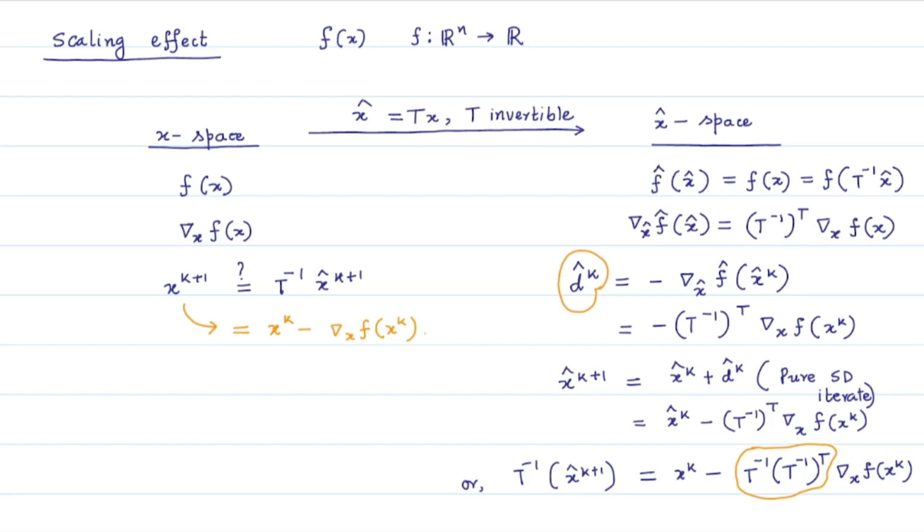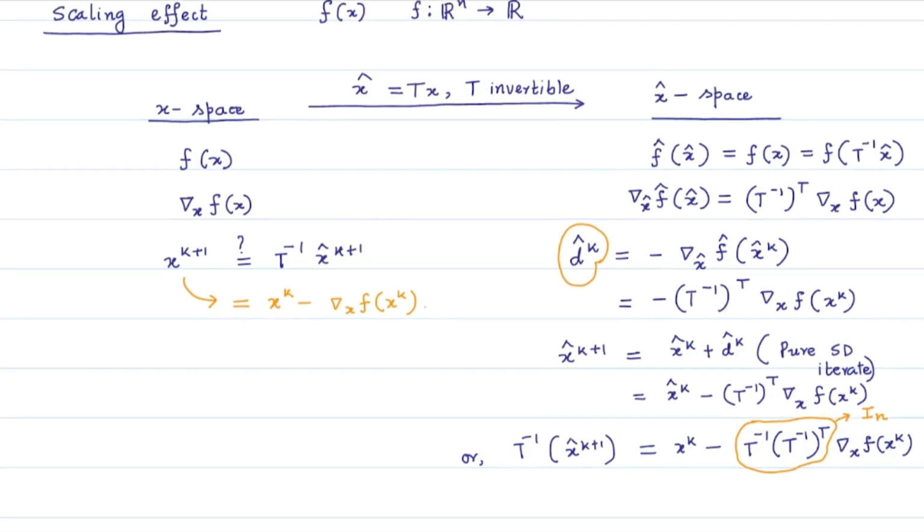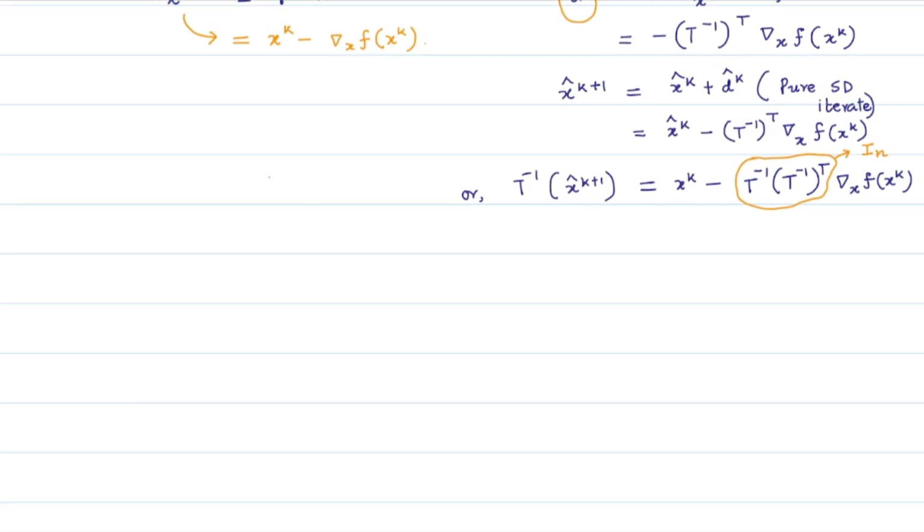However, if we take the matrix T to be orthogonal, then you notice that this expression here is an identity matrix, and hence when T is an orthogonal matrix, the steepest descent method is independent of scaling of the variables. We write it here neatly: in general, for a general given transformation matrix T that is just invertible, the steepest descent method is dependent on scaling of the variables.